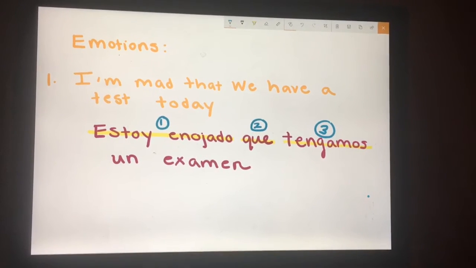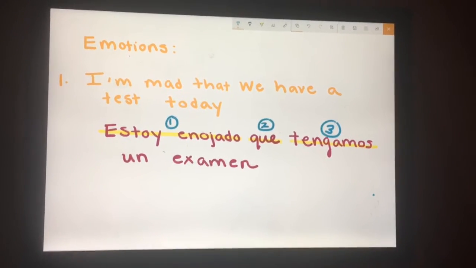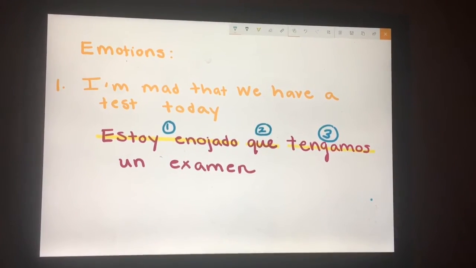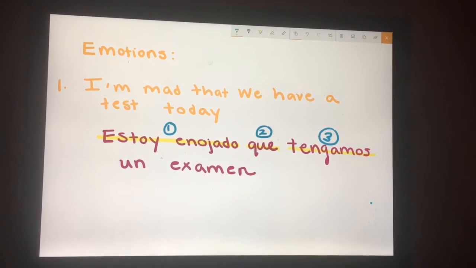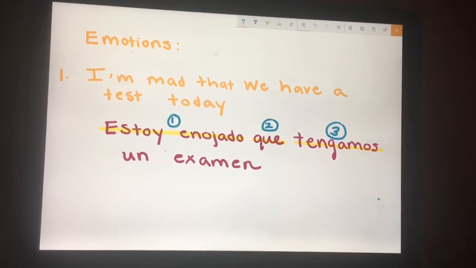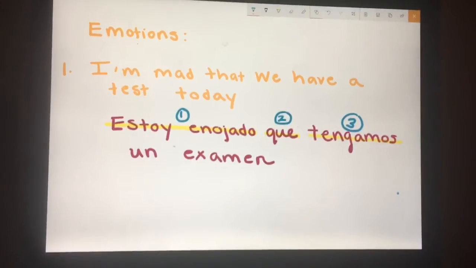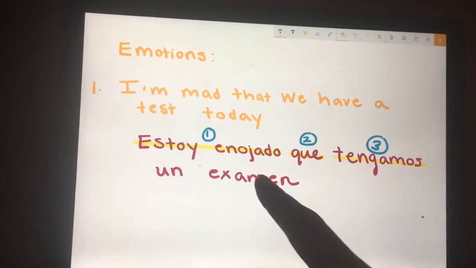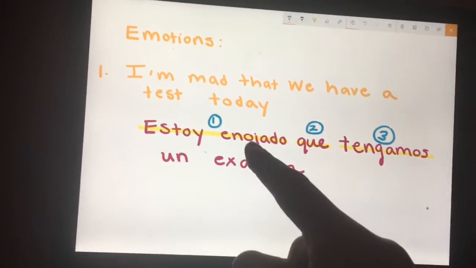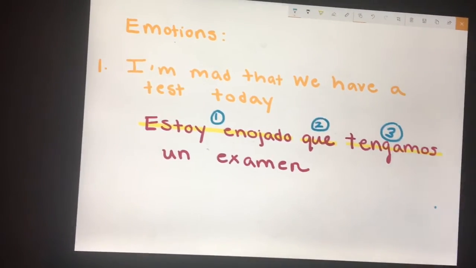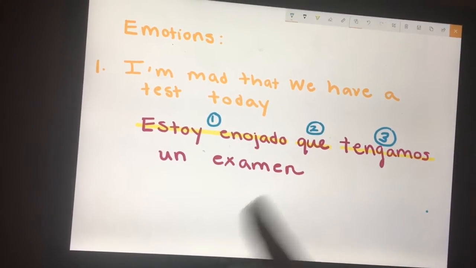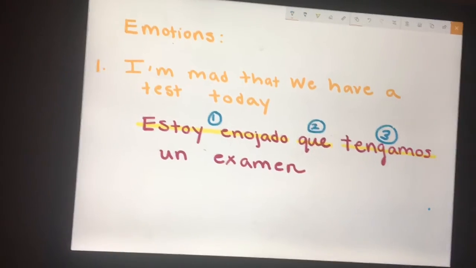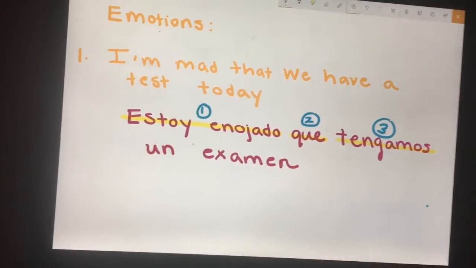The second part of WEDDING, emotions. The sentence that I used is, "I am mad that we have a test today." The emotion is being mad. So part one of the indicator, estoy enojado. Then we have the que, and we also have a change in subject from I am to we.